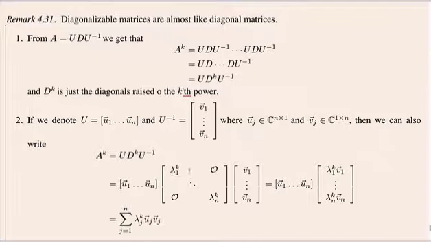Then the way we multiply, starting with the multiplication of the diagonal matrix with the column of v vectors, is row times column, so only the first entry gets picked up because the other entries are 0 in this row. So we get in the first entry lambda 1 to the k v1, and so on. The last entry is just lambda n to the k vn.